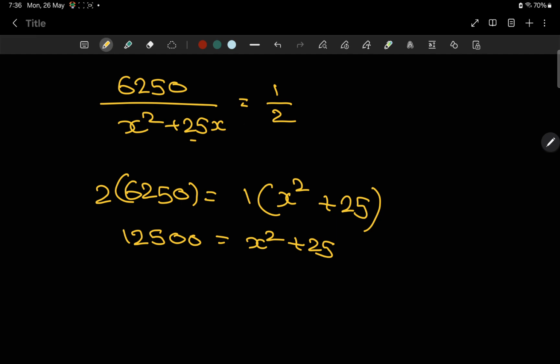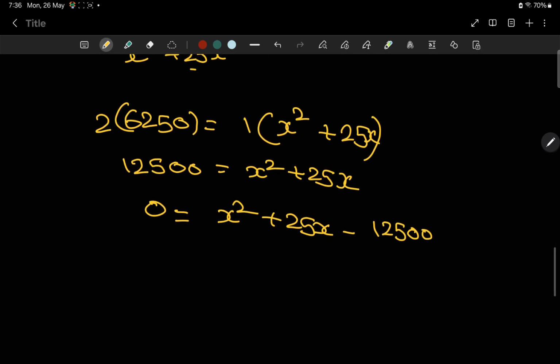We forgot to write x here, so it's 25x. Sorry for the mistake. 0 is equal to x square plus 25x minus 12,500. We can reverse it like this: x square plus 25x minus 12,500 equal to 0. Both are the same, so for our convenience, we are bringing the whole thing to this side.